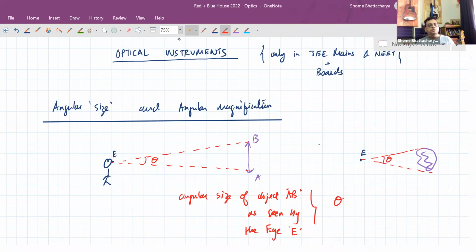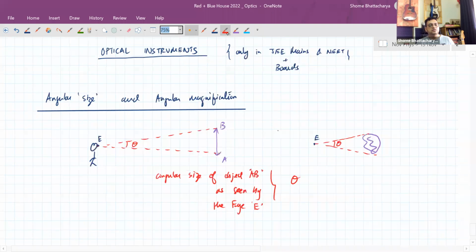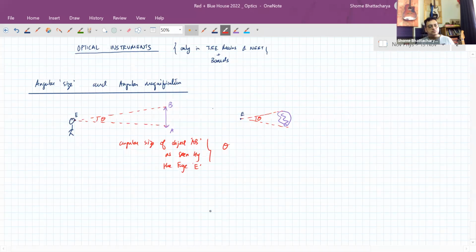So that is why you have that optical illusion of a nearer object appearing much larger. So if we have an object of this kind of size, which is here compared to the eye, okay, but we have an object which is technically much larger, but at a much larger distance. So this is object 1, this is object 2. You will see that object 1 spans a larger angle, even though it is smaller.